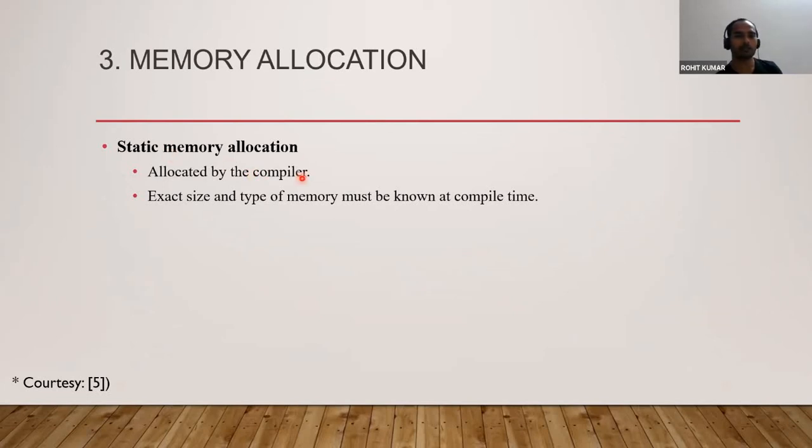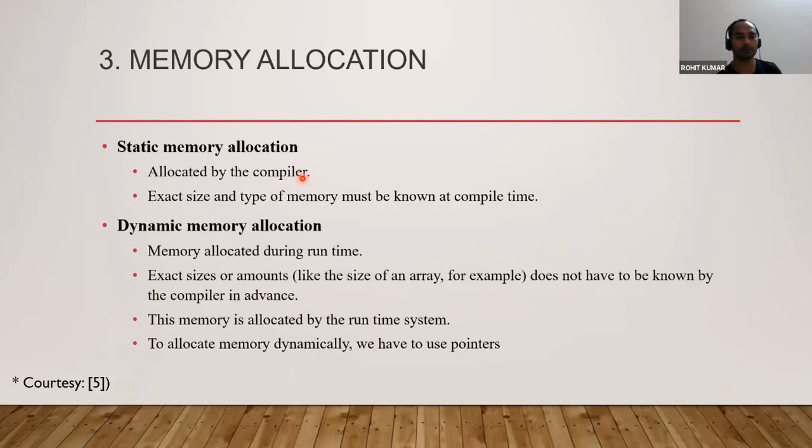In memory allocation, we have two types: static memory allocation and dynamic memory allocation. Like we had the concepts of static linking and static loading, and dynamic linking and dynamic loading. Static memory allocation means things that are already allocated by the compiler, and if something is not done by the compiler, it will be done at runtime.